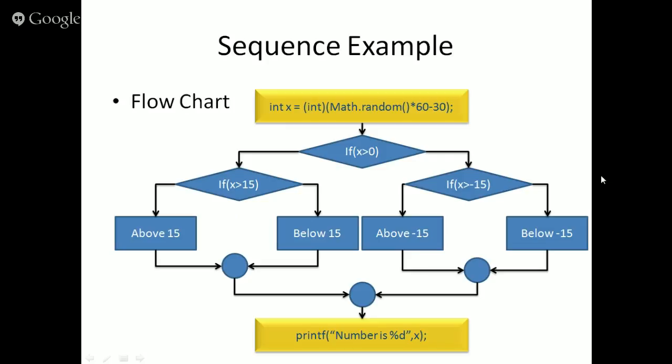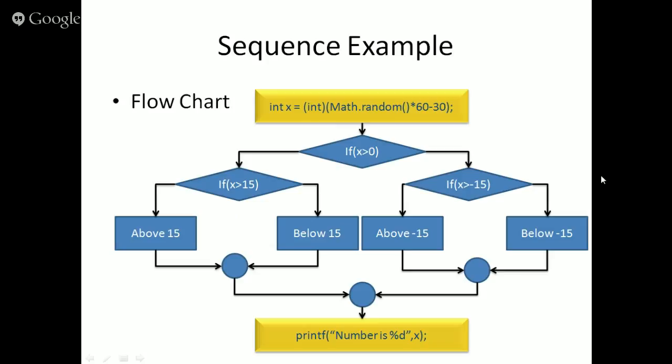Here we have an example. First we declare an integer type variable x. That method generates some random numbers, and there are a few calculations. After that, we get a random value for the x variable.